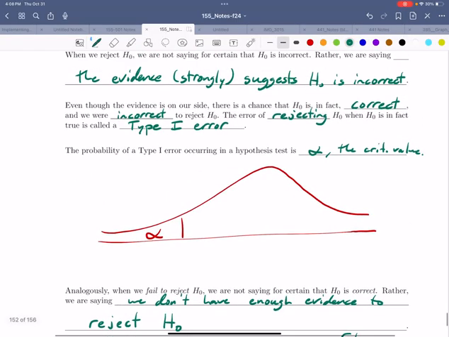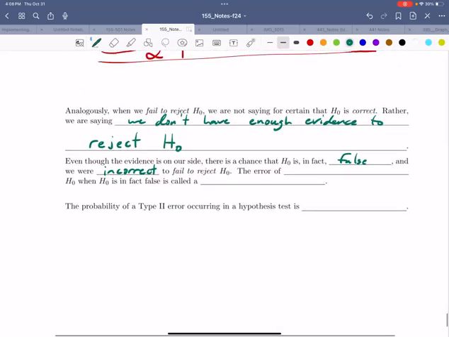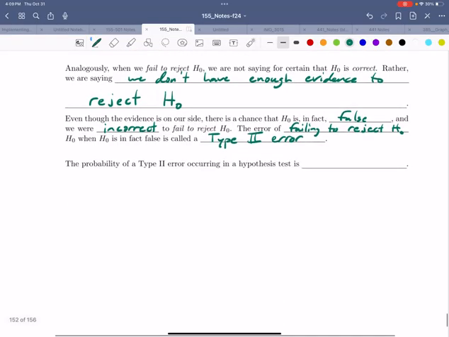And I should say that H naught is in fact true. Sorry about that, guys. So the error of failing to reject the null hypothesis when it's in fact false is called a type 2 error. Now the probability of this is called beta.